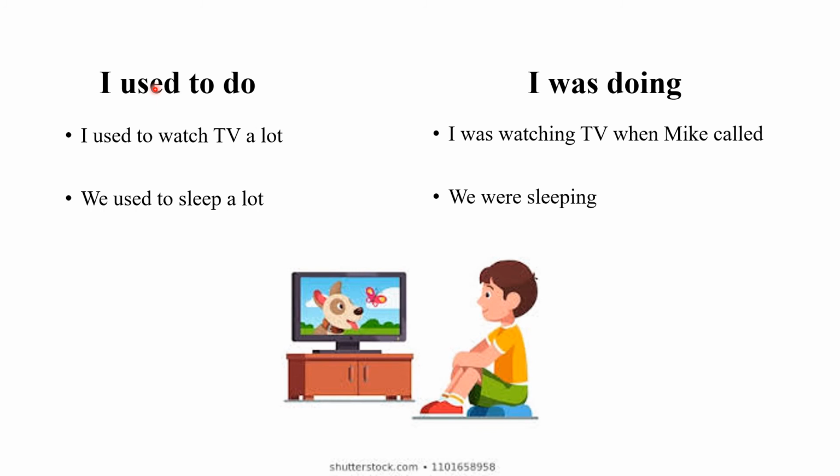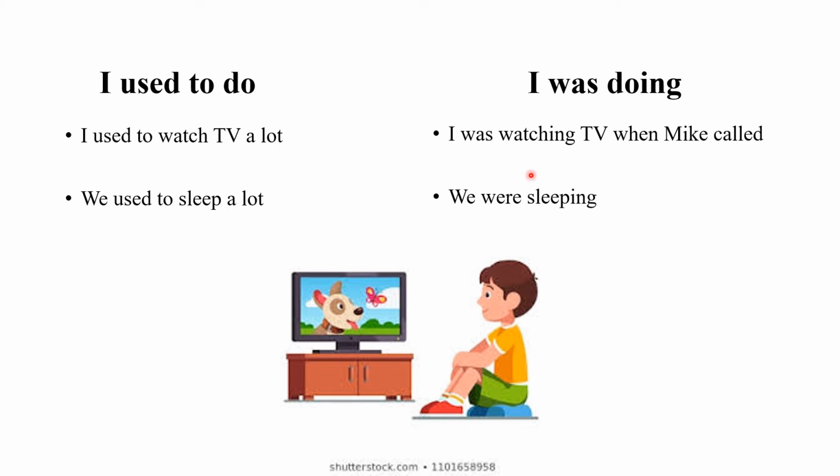Let's compare I used to do and I was doing. I used to do can be used for something that regularly happened in the past, while I was doing can be used to indicate an action that was happening at a specific time in the past. For example, I used to watch TV a lot. It means that I watched TV regularly in the past, but I no longer do this.